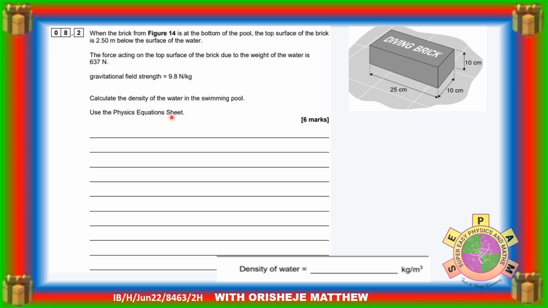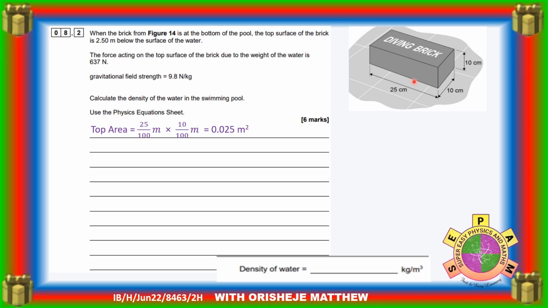So this is quite a simple question. There are two ways you can approach this question. Let's look at the first way. We are going to calculate the top surface area of the brick. The top surface area is the length, which is 25 cm, multiplied by the breadth, 10 cm.